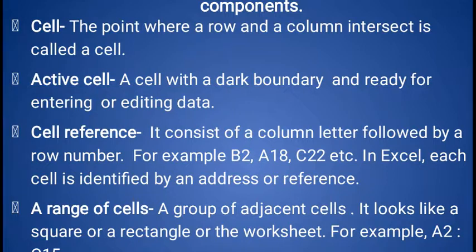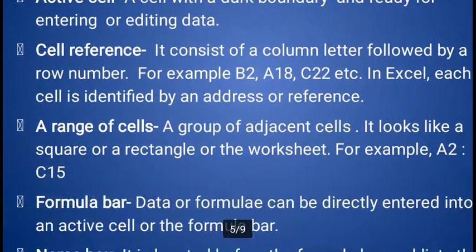In Excel, each cell is identified by an address or reference, so B12, A18, C20 is a cell reference. A range of cells is a group of adjacent cells, meaning we can select more than one cell continuously.